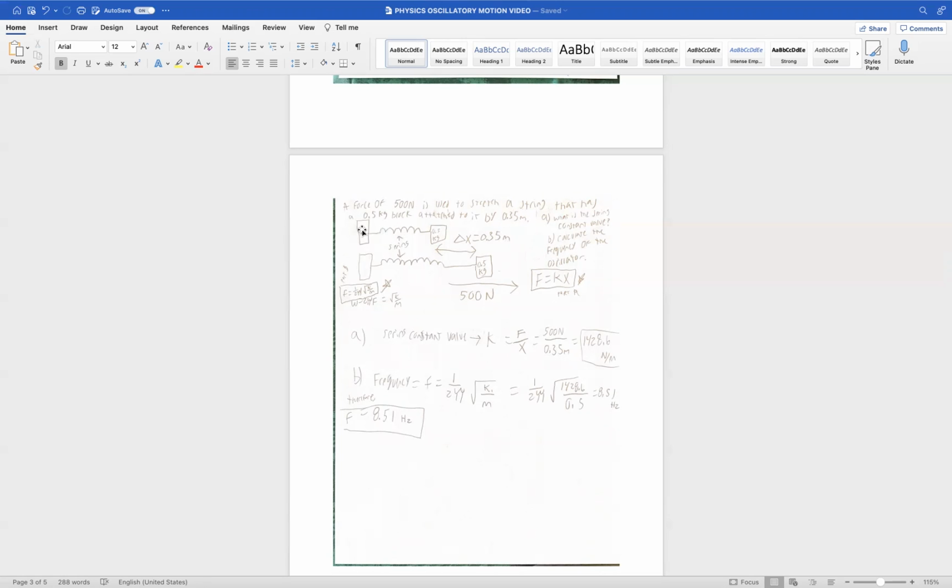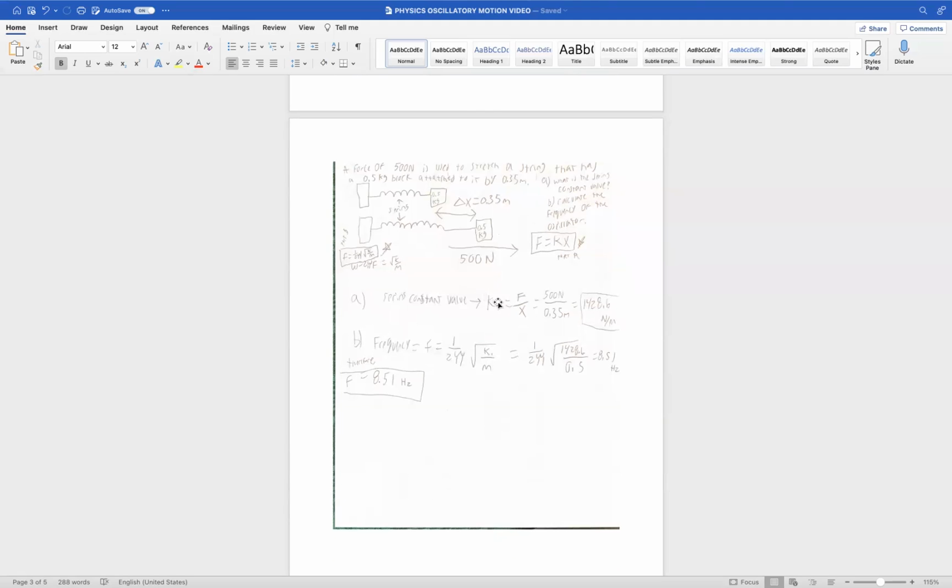So as I drew right here, this is just the initial spring. This is how much further it moved from here to here with 500 newtons of force. The main things we're going to use for part A is F equals kx for the spring constant. And for part B, we use f equals 1 over 2 pi times the square root of k over m.